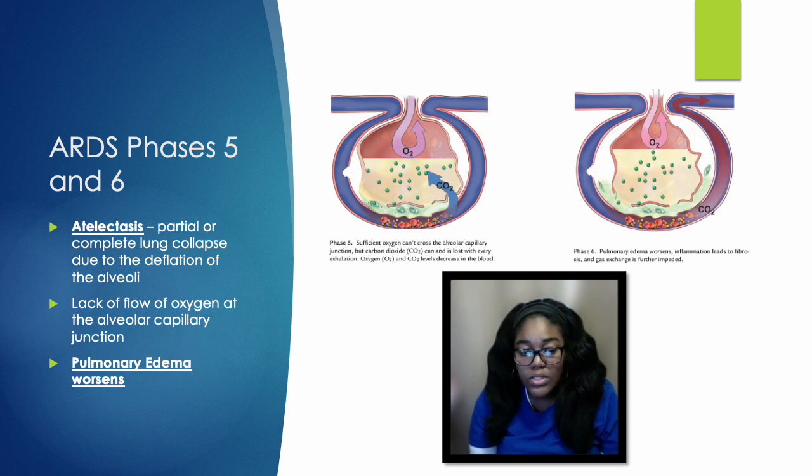Now, with that worsening pulmonary edema, that inflammation leads to fibrosis, and unfortunately, gas exchange is further prevented in the alveoli. So now we have this progressive and extremely dangerous situation, because now we're not getting oxygen to not only the lungs but to other parts of the body, because there's no gas exchange within the alveolar capillary area.